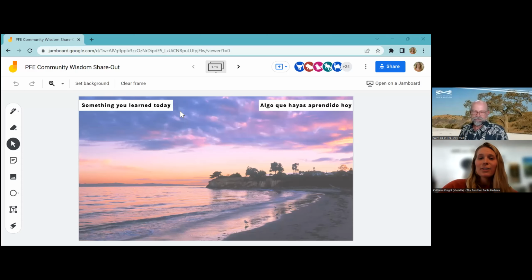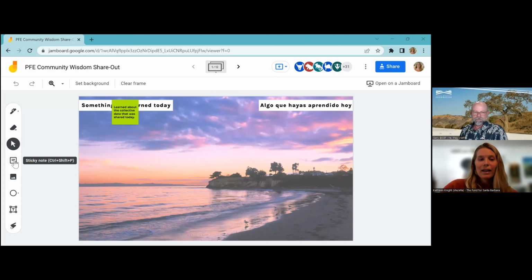Awesome. Okay, so for those of you who are familiar with the Jamboard, you can go ahead and start working on it. But for those of you who aren't, what you'll want to do is click on this link in the chat here. That'll take you to our Jamboard link. So now I'm going to start sharing screen to show you how to fill it out. We've got a few questions for you today. This first one: something you learned today, algo que hayas aprendido hoy, and you can answer in English or Spanish.